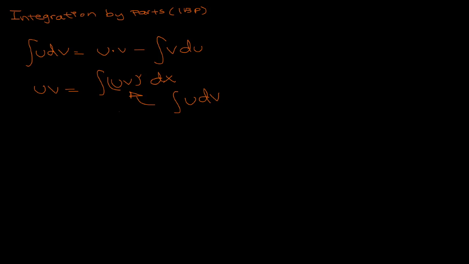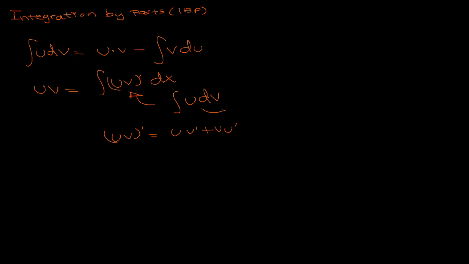Well, what we can do is use the product rule from differentiation and reevaluate this. We know that the derivative of uv, if both u and v are functions of x, is u v prime plus v u prime.